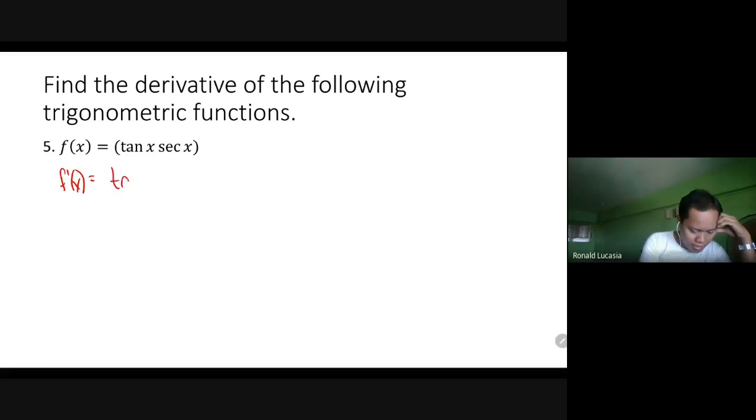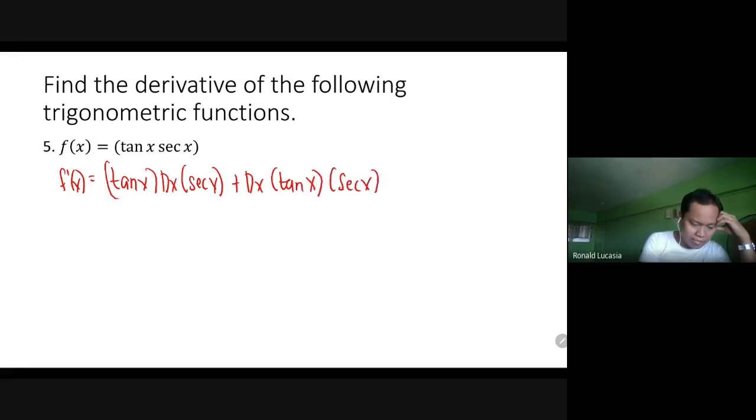Tangent x multiplied by the derivative of the secant x plus the derivative of tangent x multiplied by secant x. So this is tangent x.